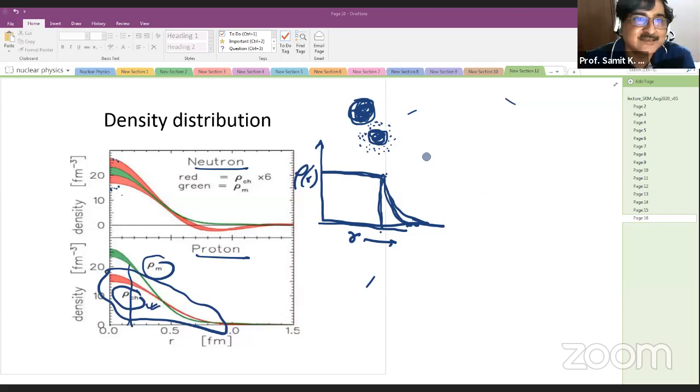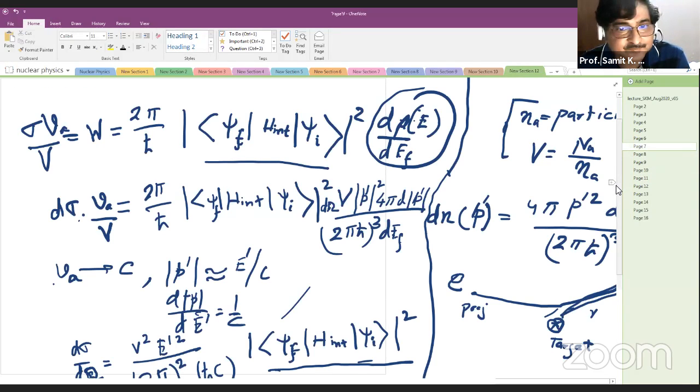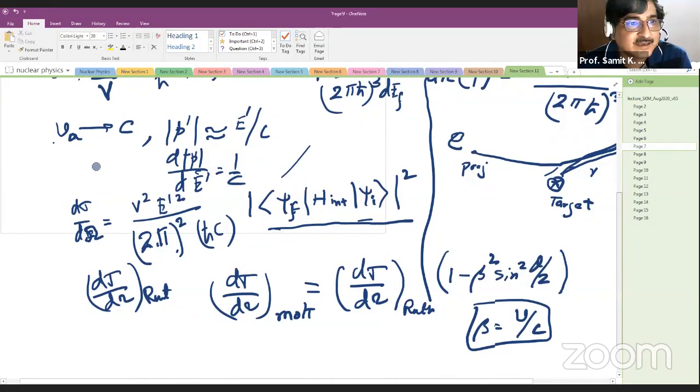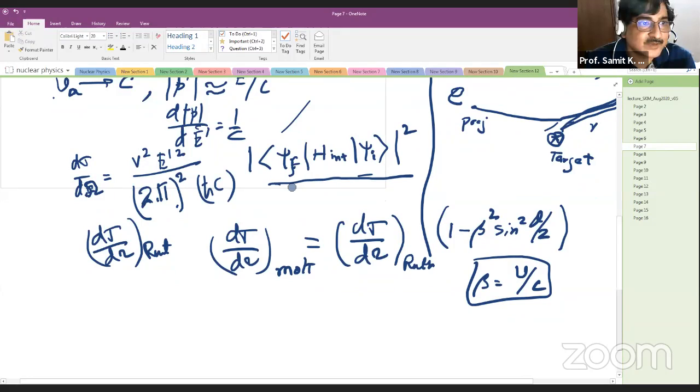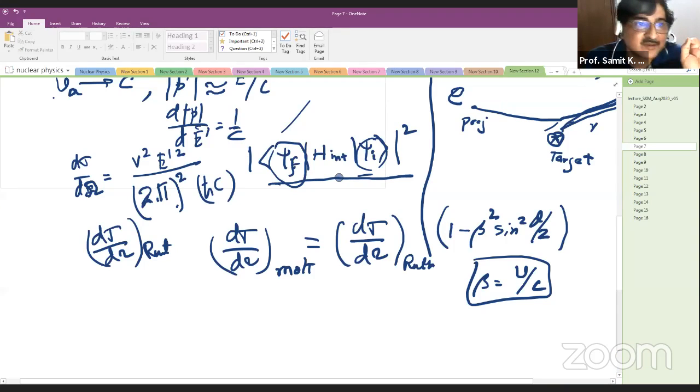What you can see from this matrix element calculation is that we consider this wave function and this wave function, which comes from the particle, an electron. Though it has spin, we omit the spin part of the contribution in the wave function.